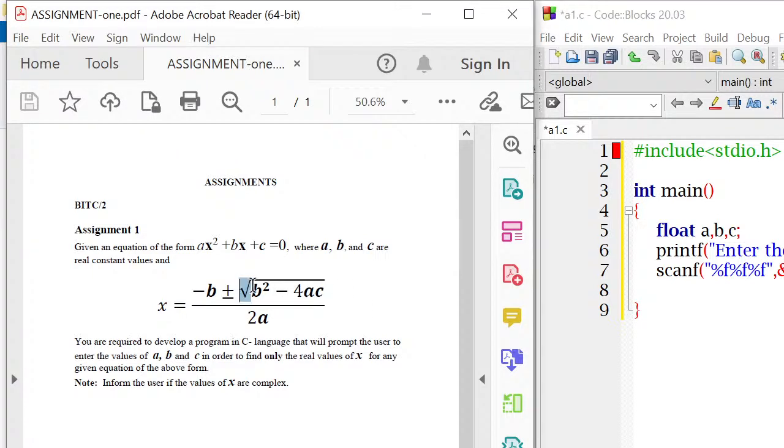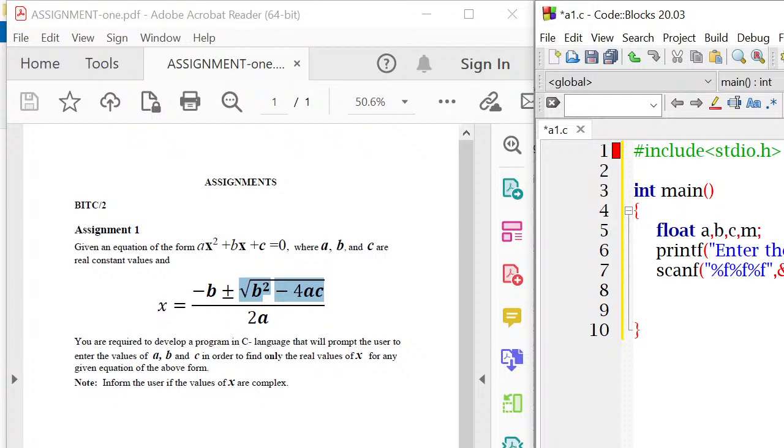After capturing that, we come back to this equation. Now we see what I'm highlighting here. What is inside the square root? It is b squared minus 4ac. So we need to get this part. We declare a variable holding that part. Let's just call that m.